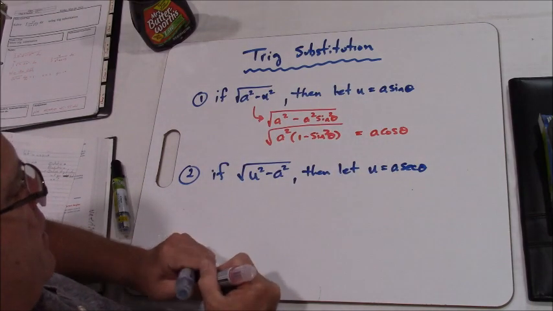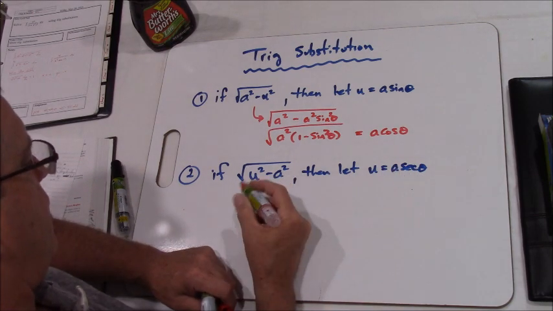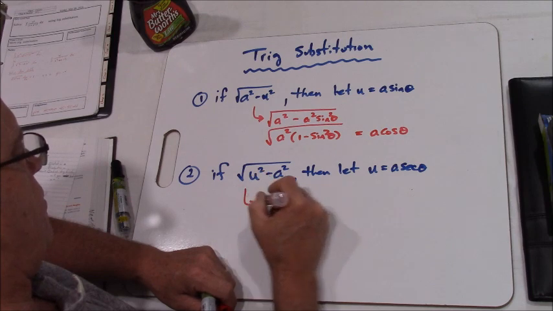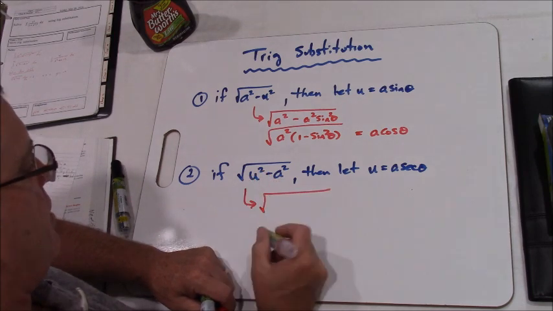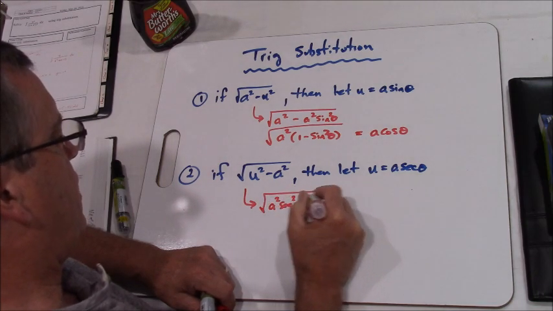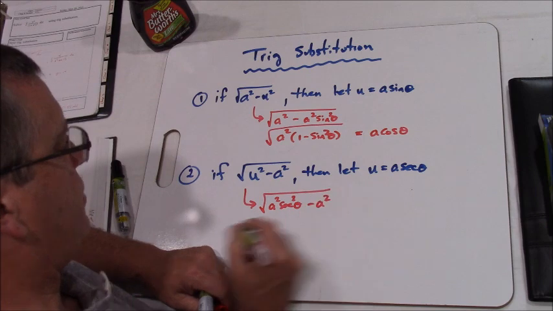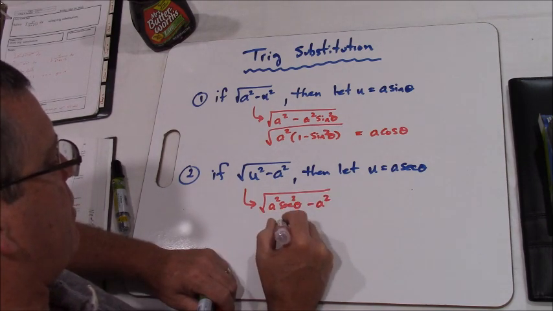All right, so again, if I substitute that a secant theta in place of the u right here, I get the square root of a squared secant squared theta minus a squared. So again, I'll factor an a squared out of there.